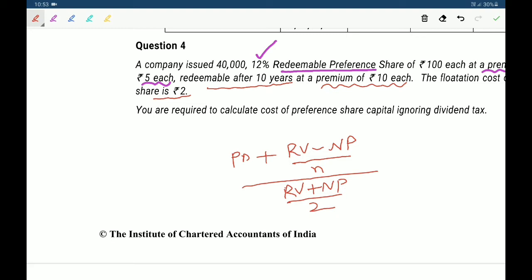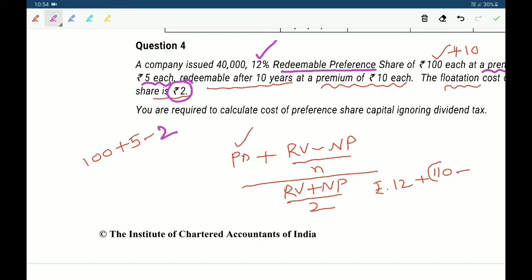So preference dividend, how much? 12 rupees per share. 12 rupees plus redemption value, how much? 100 rupees face value plus a premium of 10 rupees. That means 110 rupees redemption value. 110 minus net proceeds, how much? 100 rupees face value with a premium of 5 rupees minus flotation cost, how much? 2 rupees.